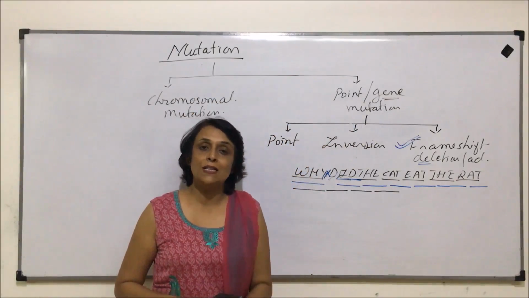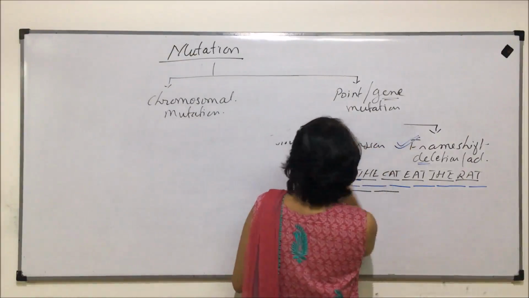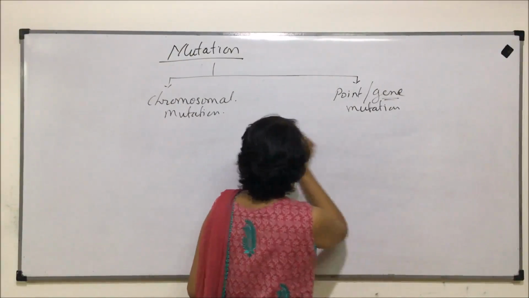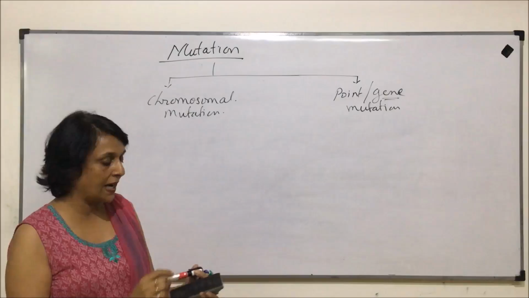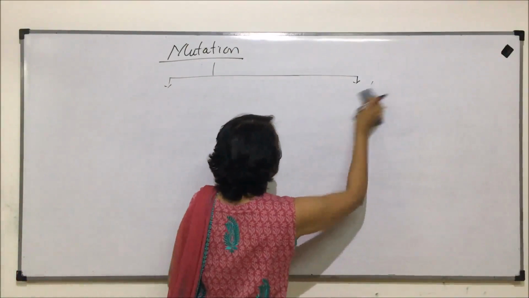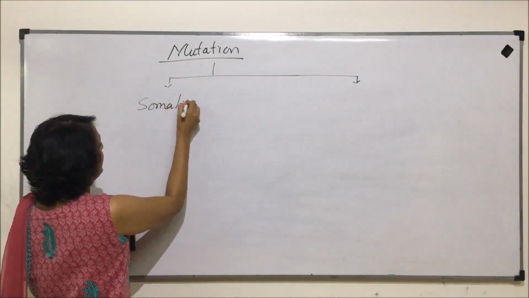Now if we want to classify mutations in some other ways, then we can classify it on the basis of the type of cells in which this mutation is taking place. So the next type of classification could be somatic mutations.